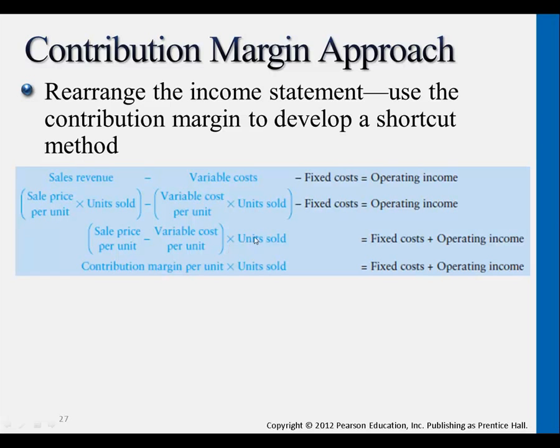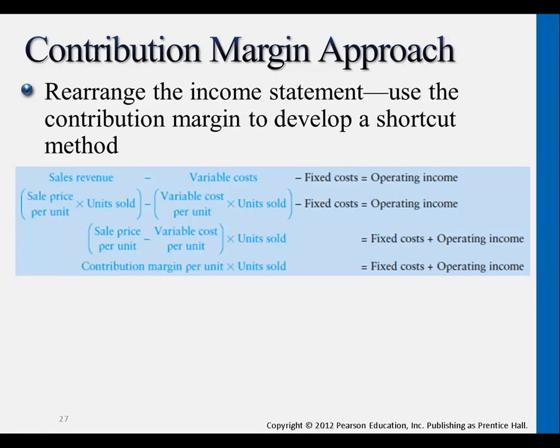Brackets closed. We multiply by units sold. And we also move fixed cost to the right, so fixed cost plus operating income. Now we know that the contribution margin per unit is the difference between sales price per unit and variable cost per unit. So here you go: contribution margin per unit multiplied by units sold is equal to fixed cost plus operating income.